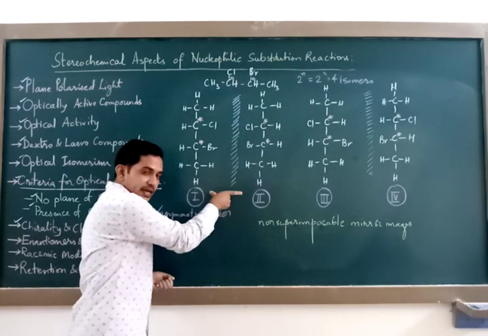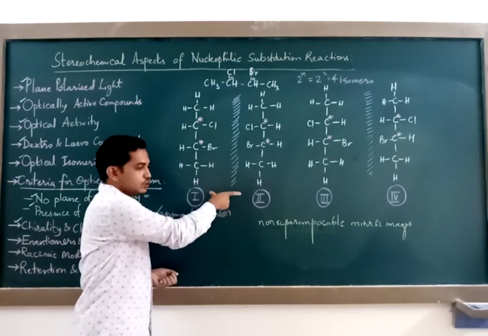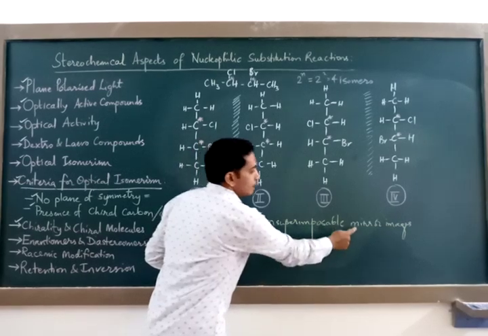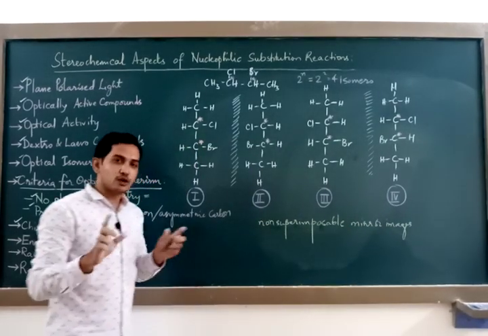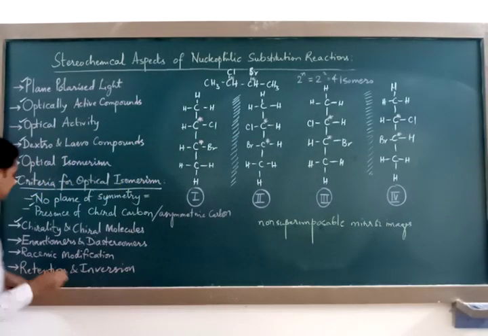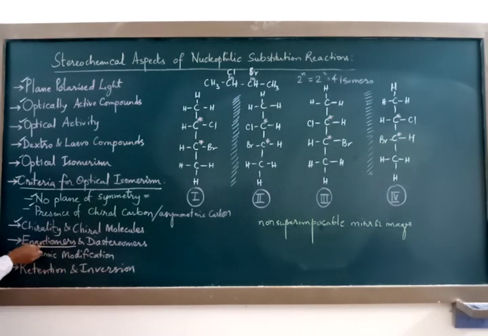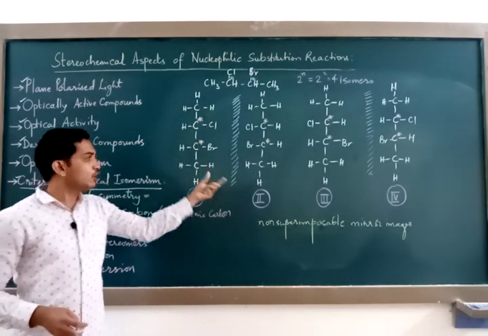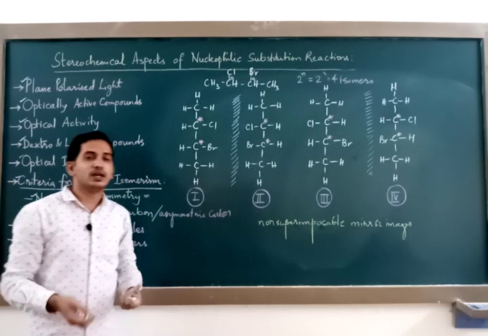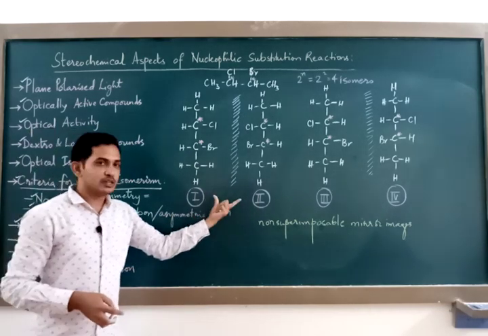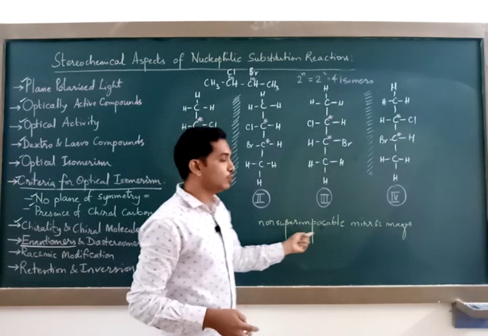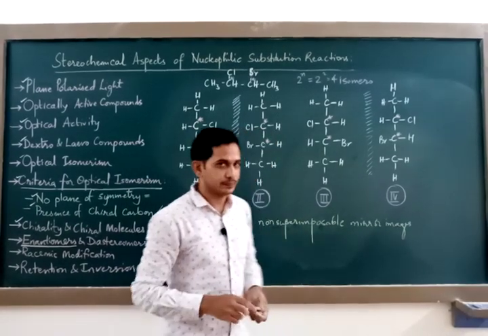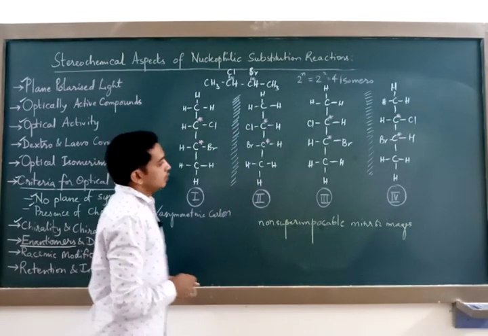So, the optically active compounds which are non-superimposable mirror images are called enantiomers. What are enantiomers? Enantiomers are optically active because they contain asymmetric carbon atoms. They rotate plane polarized light. They are optically active isomers which are non-superimposable mirror images of each other. Understood?